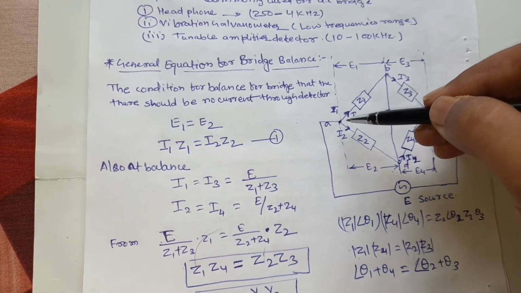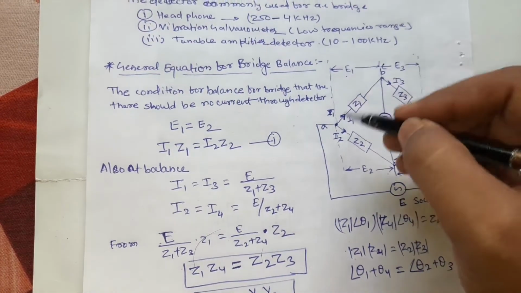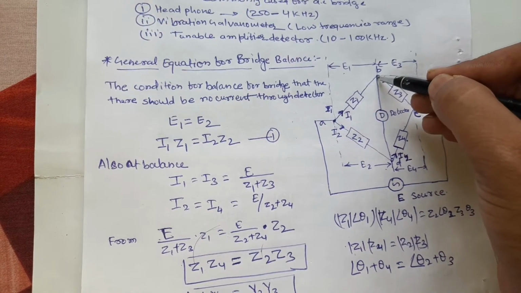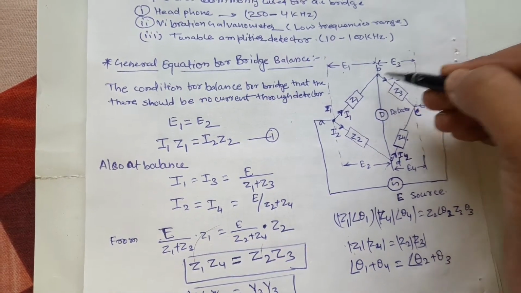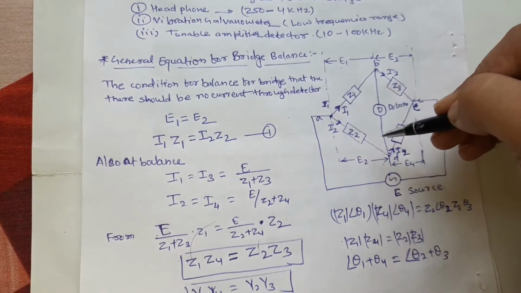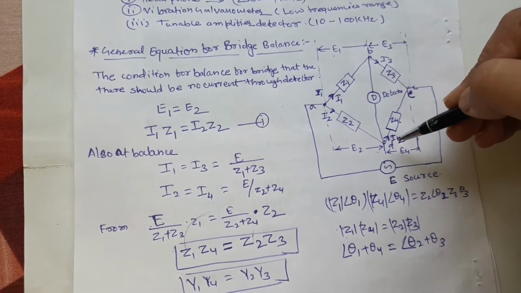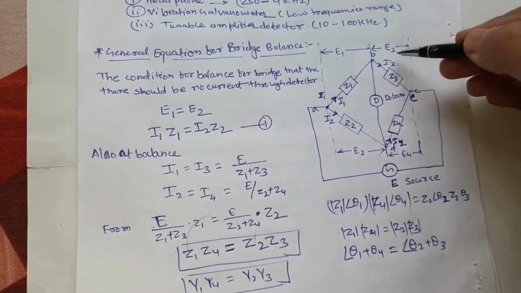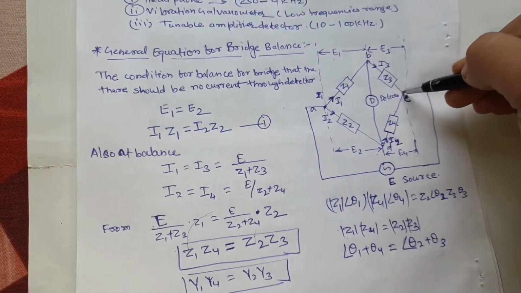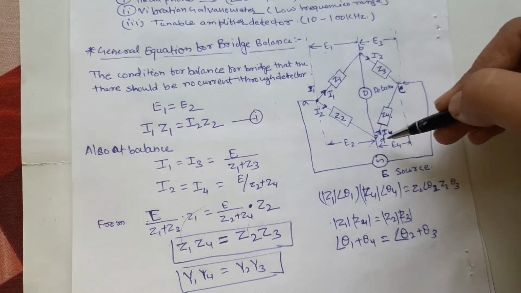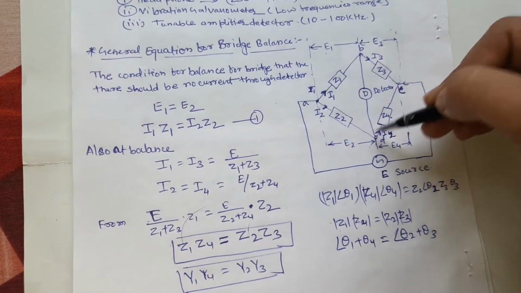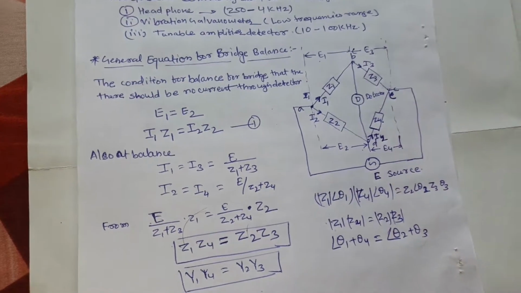At balance condition, suppose E1 is the voltage drop across branch 1, E2 is the voltage drop across branch 2, E3 is the voltage drop across arm 3, and E4 is the voltage drop across arm 4.